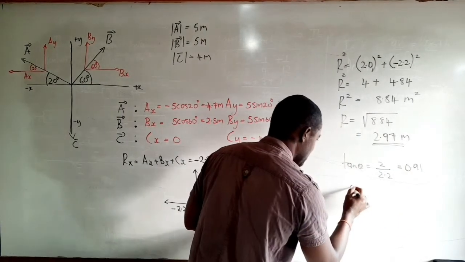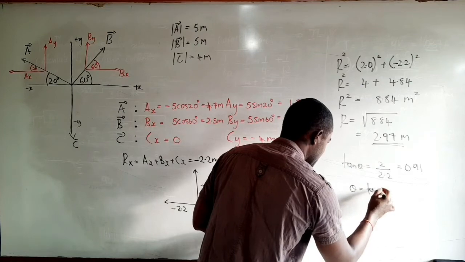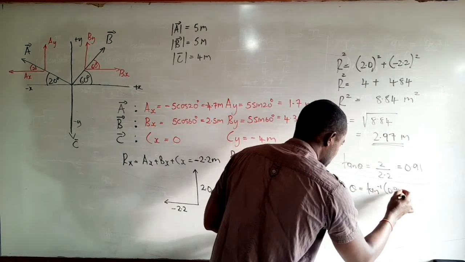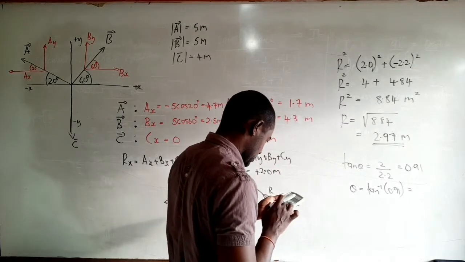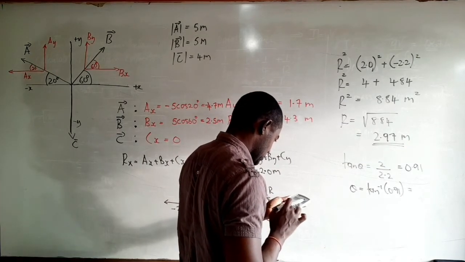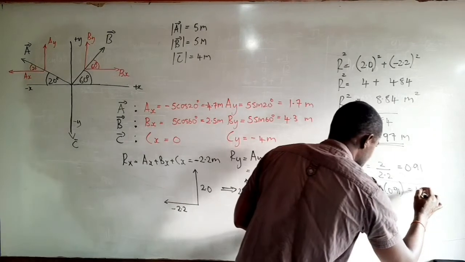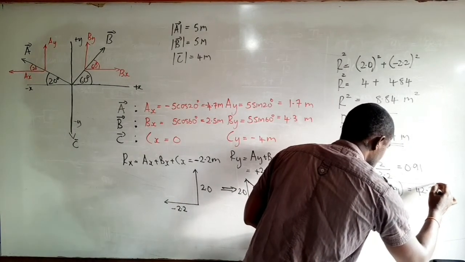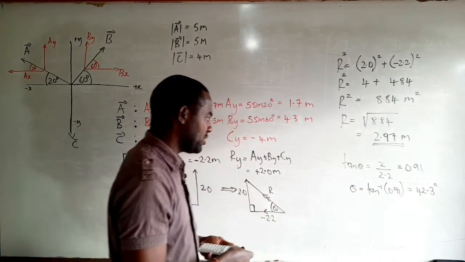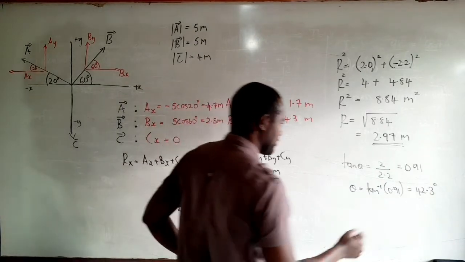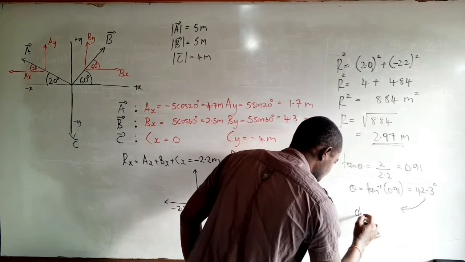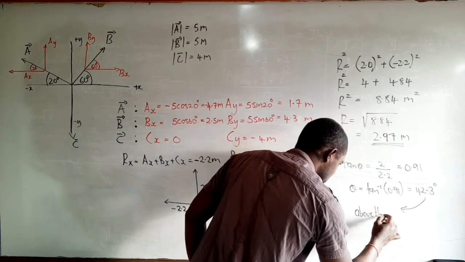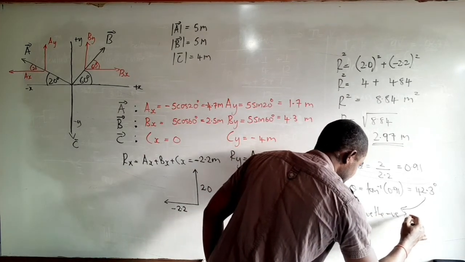And therefore theta is equal to tan inverse of 0.91, which is equal to 42.3 degrees. So this is 42.3 degrees above the negative x-axis.